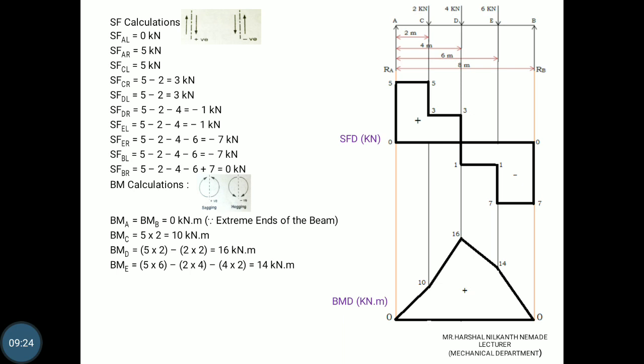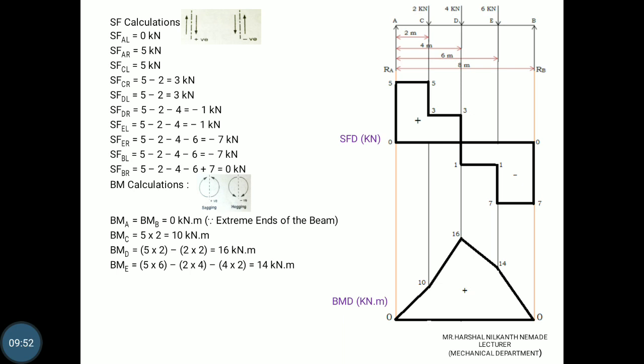Again at D left I will get 5 minus 2 is equal to 3 kilonewton. At D right I will get 5 minus 2 minus 4 is equal to minus 1 kilonewton. At E left also I will get the same value, minus 1 kilonewton. At E right I will get 5 minus 2 minus 4 minus 6 is equal to minus 7 kilonewton.